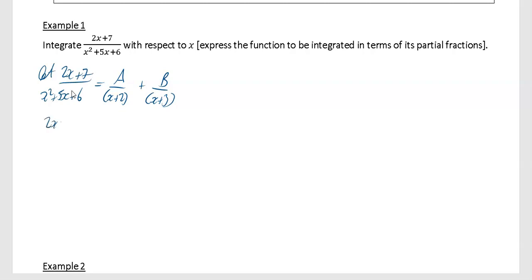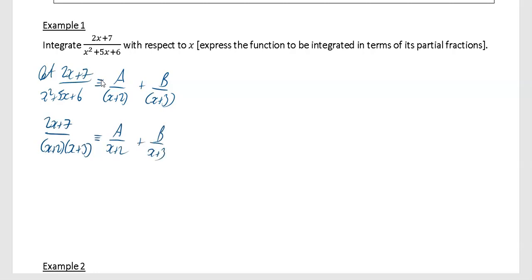So we have (2x + 7) over (x + 2)(x + 3) is identically equal to, sorry, I should have an identically equal to sign here, A over (x + 2) plus B over (x + 3).